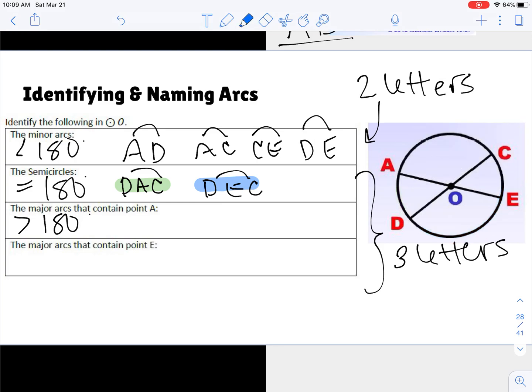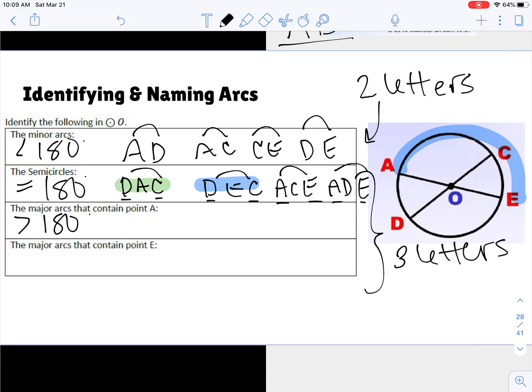We have from A to E as half circles. One of them would be ACE, and the other one would be ADE. So again, we're still using the two endpoints for each, but this middle letter tells me the direction. Am I going right of the endpoint or left of the endpoint?